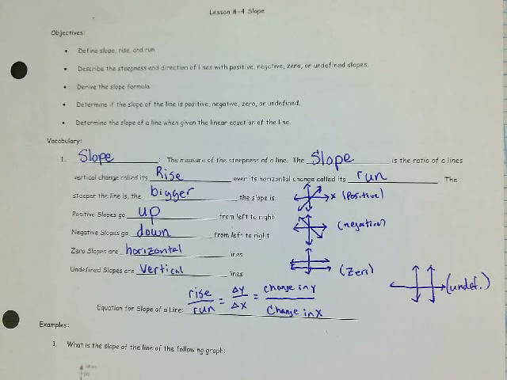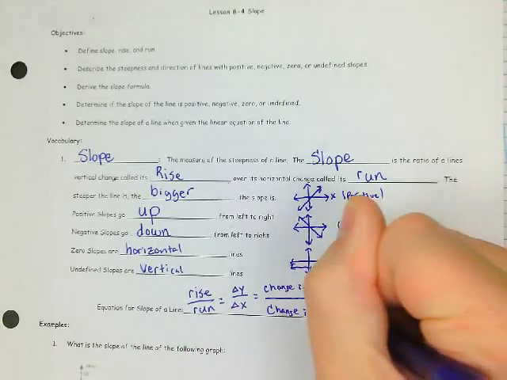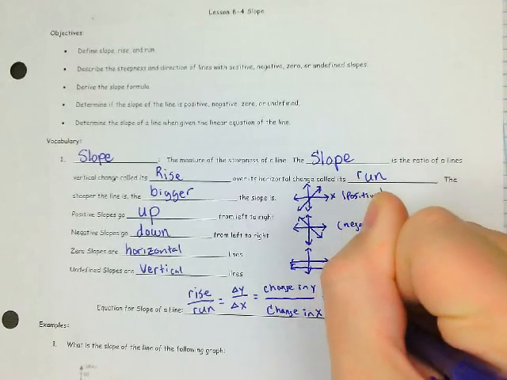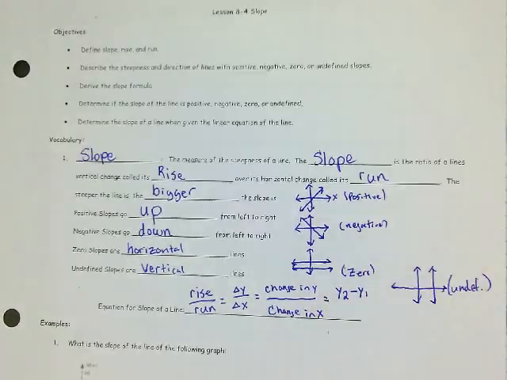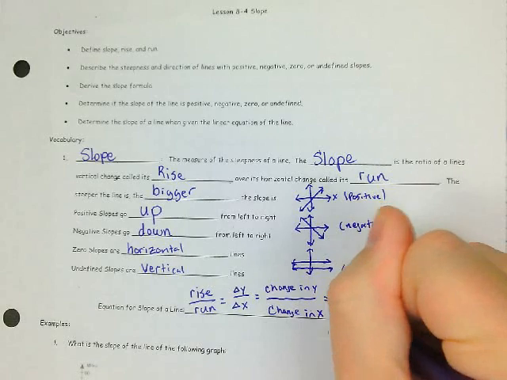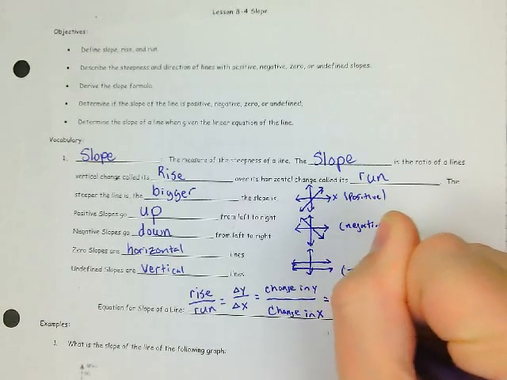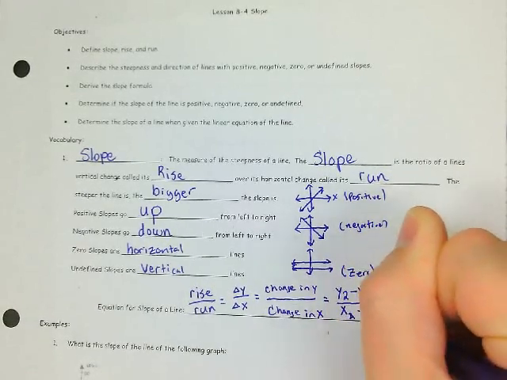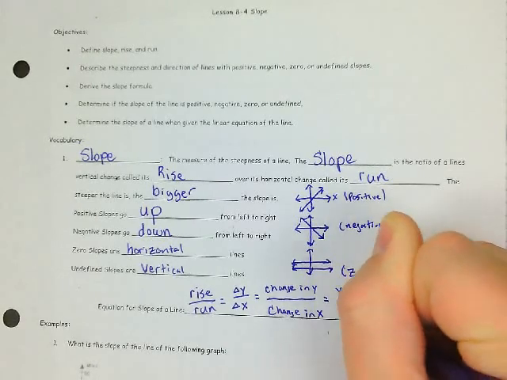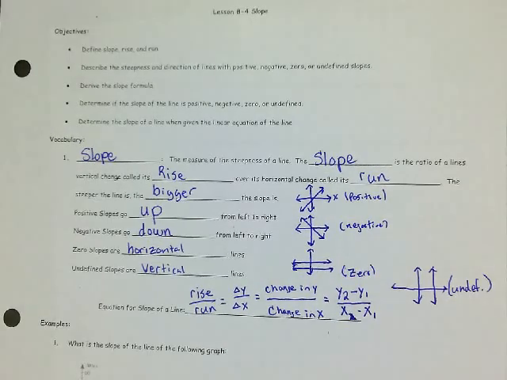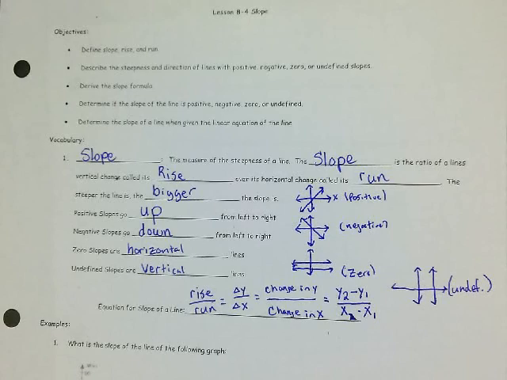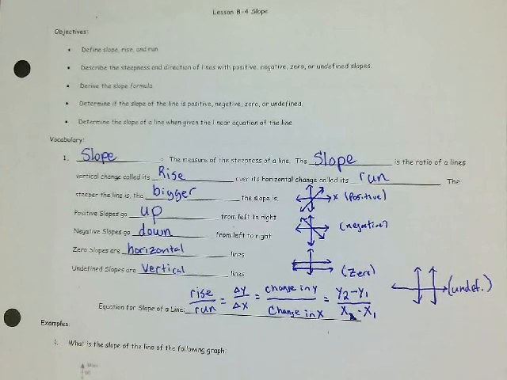So how does something change on the y? We're going to subtract it. We're going to do the second y minus the first y over the second x minus the first x. That's a 2. y2 minus y1 over x2 minus x1.